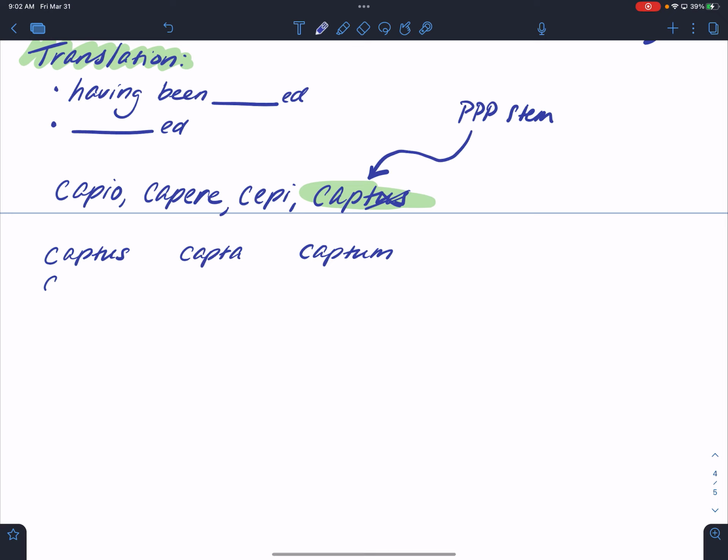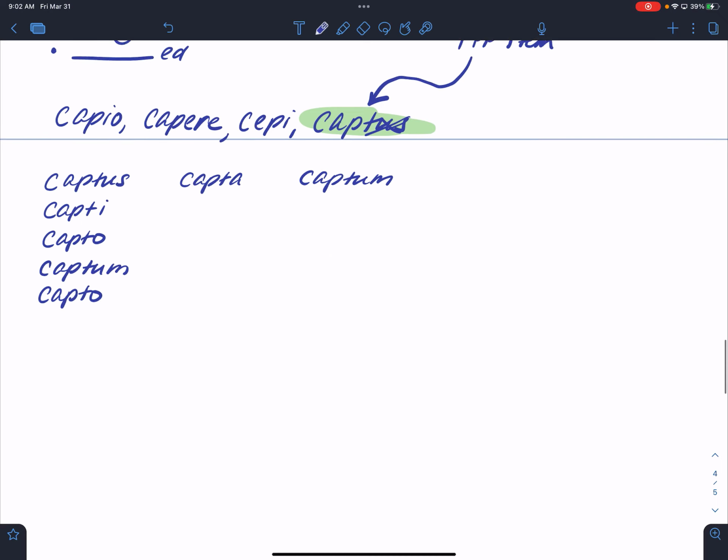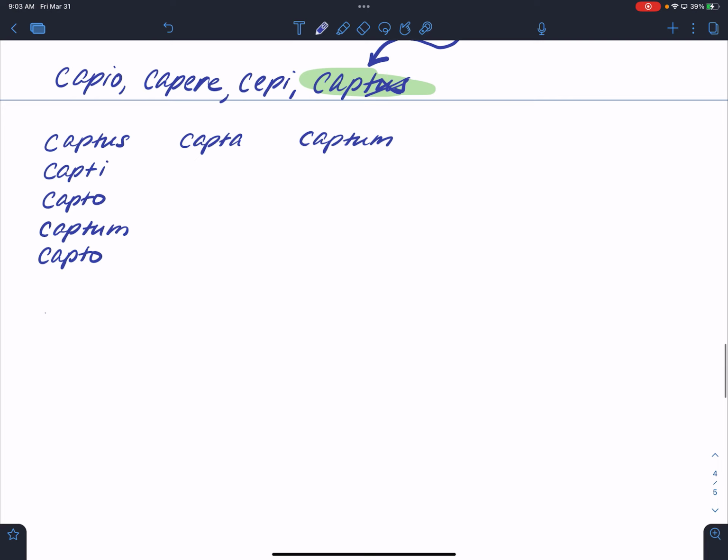Okay, so captus, capti, capto, captum, capto. Let's do the plural. Capti, captorum, captis, captos, captis.